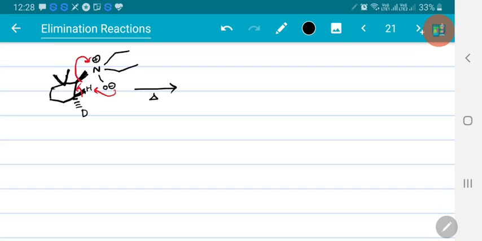But remember, always the less hindered beta hydrogen is abstracted, because there are other beta hydrogens available. Here also, this is a beta hydrogen. So less hindered systems are available, and as less hindered systems are available, this oxygen abstracts hydrogen from the less hindered system instead of this.